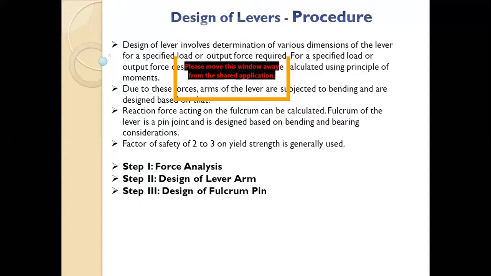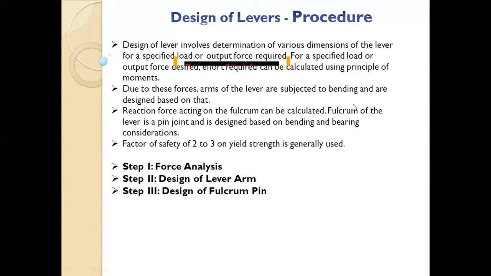There are three steps. First is force analysis, then design of the arm and design of the fulcrum pin. Before I proceed, any doubt, any question, queries, put that in the chat as usual. I will be keeping a watch on the chat and checking it now and then.